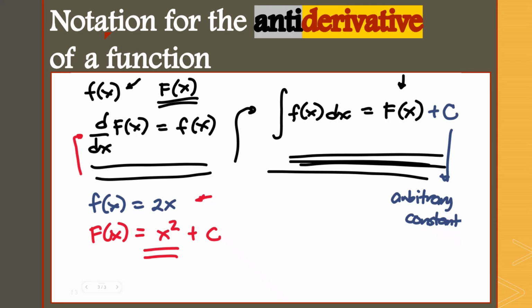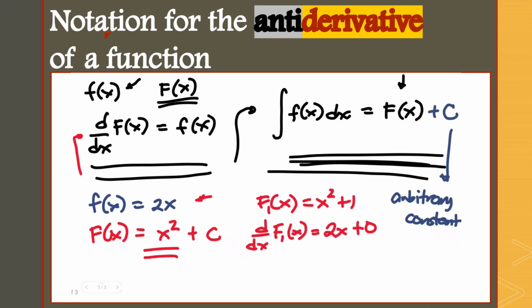Let's just say our function is x squared plus 1. Its derivative with respect to x is 2x plus 0, or simply 2x. This also follows if you have another function, let's say x squared minus 9.